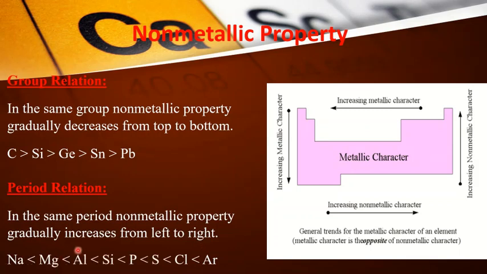For the third period, we can show it: sodium, magnesium, and gradually the non-metallic property increases. Sodium, magnesium, aluminium are metals. Silicon, phosphorus, sulfur, chlorine are non-metals. So non-metallic property gradually increases from left to right.